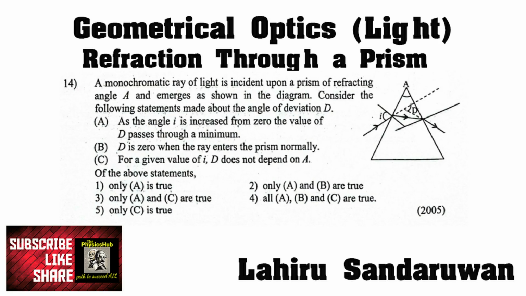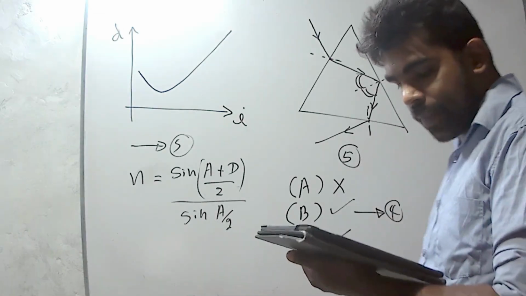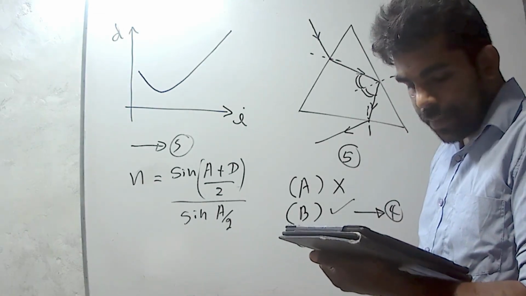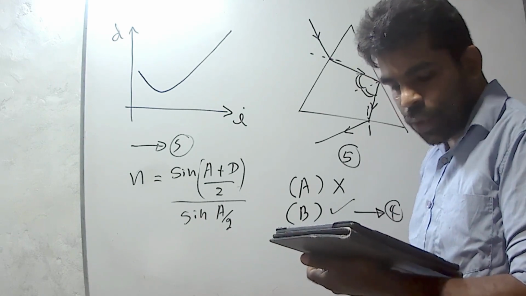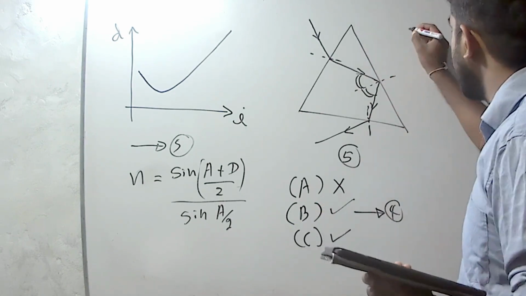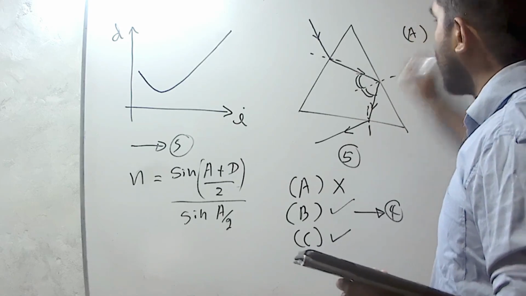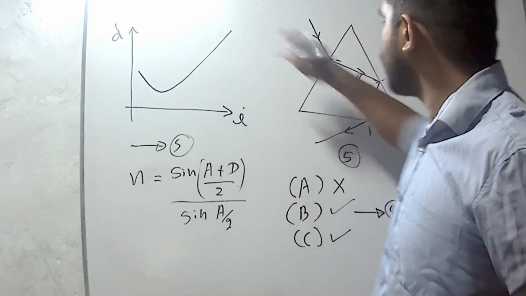A monochromatic ray of light is incident upon a prism of refracting angle A and emerges as shown in the diagram. Consider the following statements made about the angle of deviation D. Statement A, as the angle I is increased from 0, the value of D passes through a minimum. Yes, it is correct. We can consider this graph.